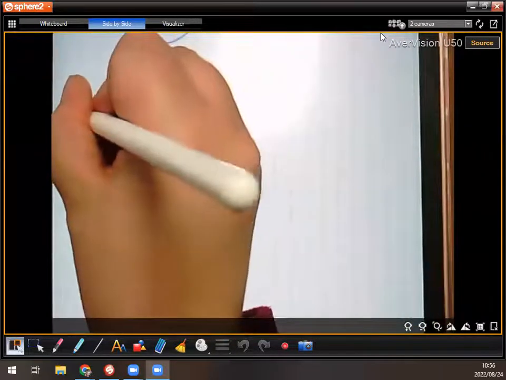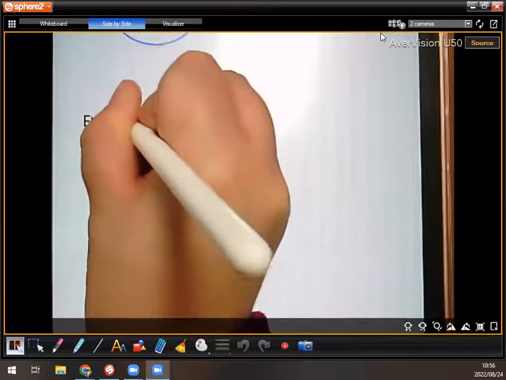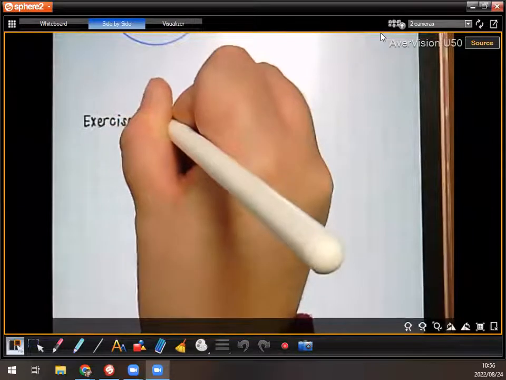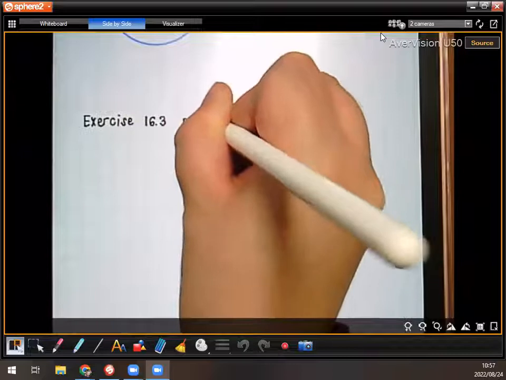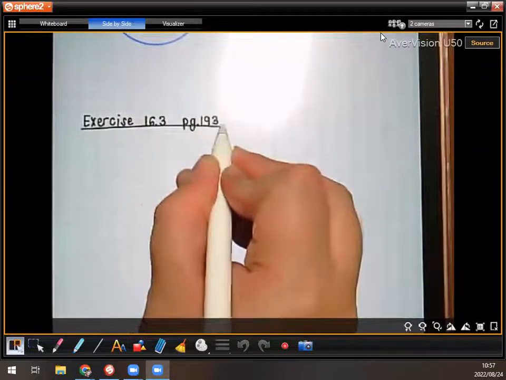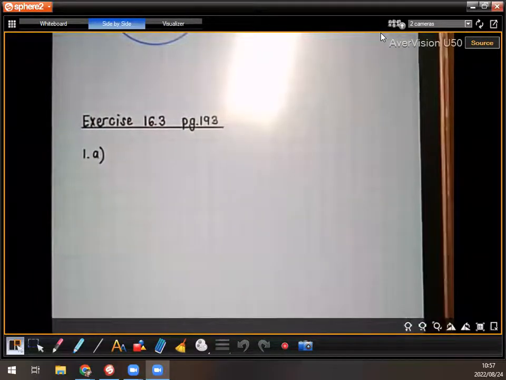Let me just see. Sorry, I just wanted to see how much space I had left. All right, 1A.